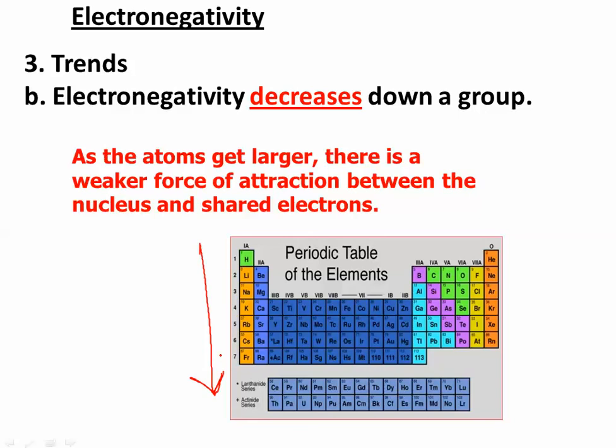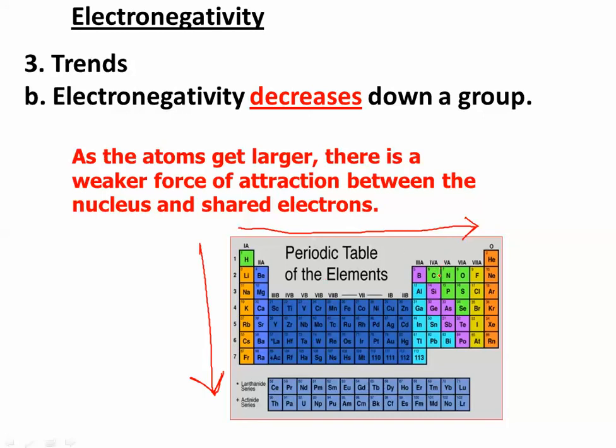So for electronegativity, we're really just going to use the size of the atom to explain it. We know in larger atoms, there's less of a force of attraction because of the greater distance. And then as we go across a period, you're increasing the number of protons in the nucleus in the same number of energy levels.